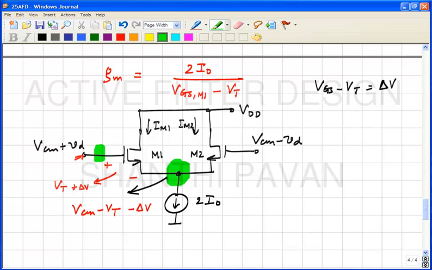Okay, please note that the source voltage can never go above the gate, because we've already said that I naught is flowing through both the transistors, which means that the gate source voltage must be positive.